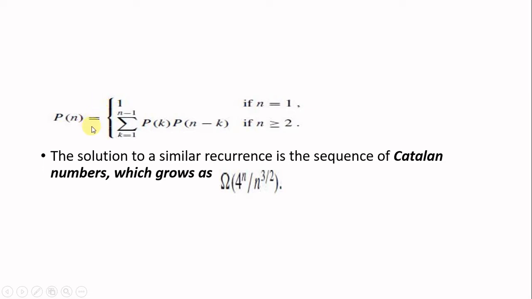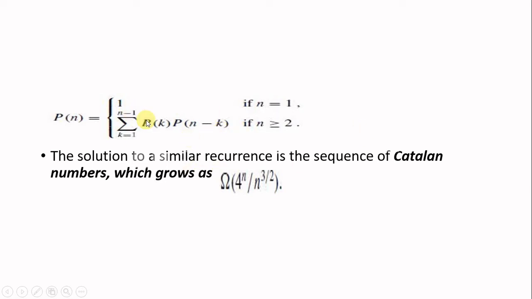It is equal to 1 if n is equal to 1, since with one matrix there is exactly one parenthesization. Otherwise, if n is greater than or equal to 2, P(n) is equal to the sum for k equal to 1 to n minus 1 of P(k) times P(n minus k).